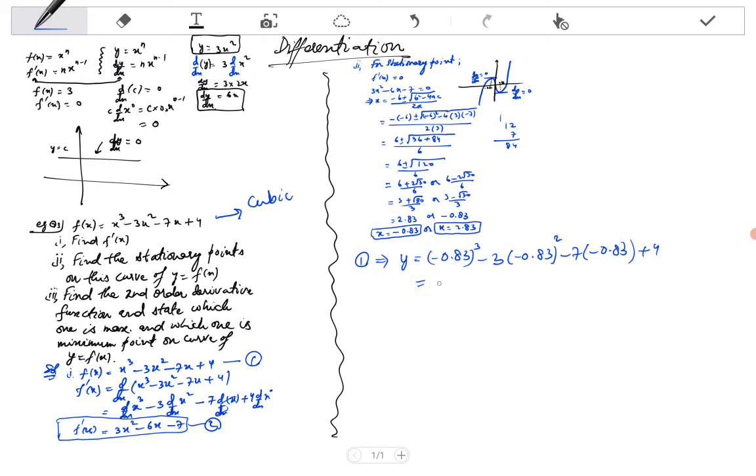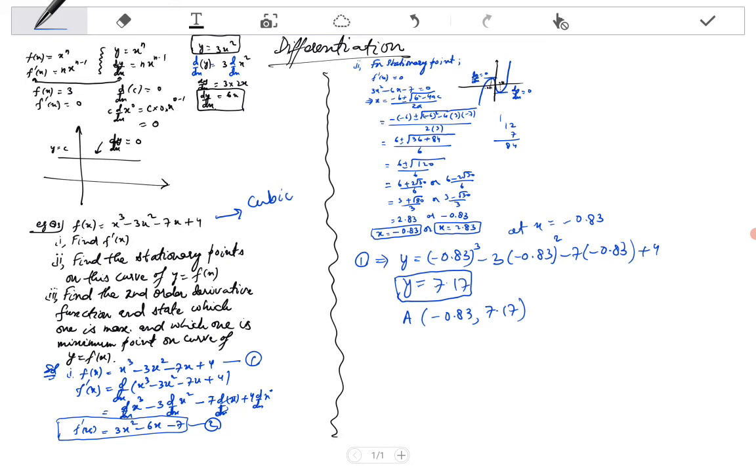This comes as a positive answer, 7.17. So this is the corresponding value of y at x equals negative 0.83. So the turning point is minus 0.83 comma 7.17. This is one turning point. Let's suppose this is turning point A.